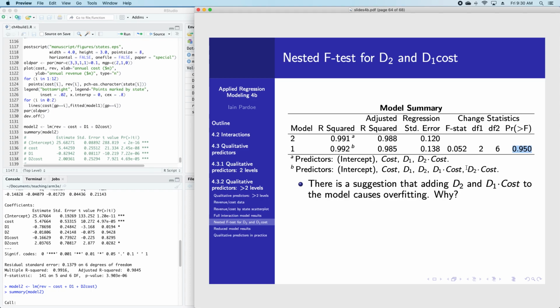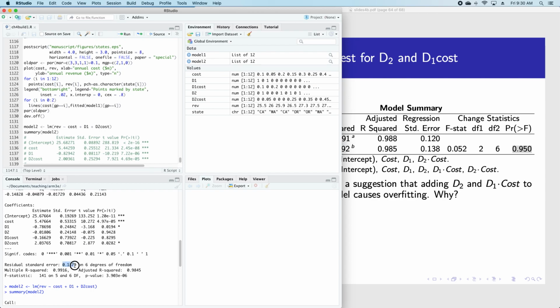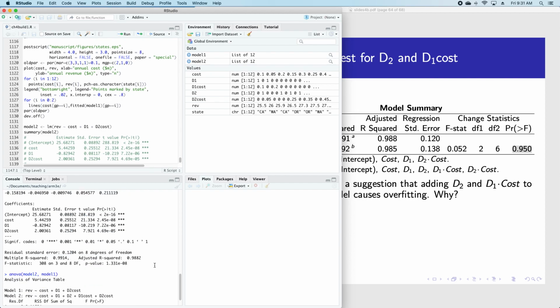What else suggests that perhaps my simpler model is preferable to my more complicated model? Well, if I look at the regression standard error, I've got 0.1379 in the model with everything in it, and that comes down to 0.1204 for this simpler model, which removes those two redundant terms.